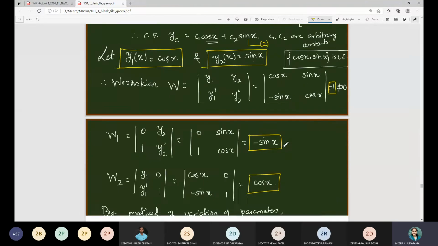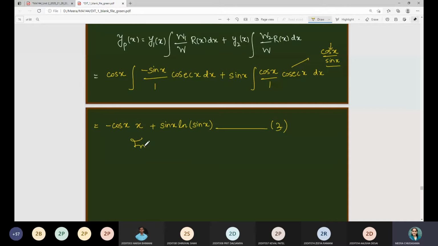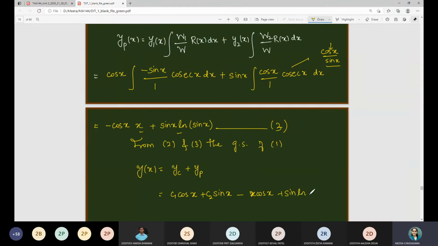So from 2 and 3, I can write the general solution. From 2 and 3, the general solution of 1, y of x is equal to yc plus yp, which is equal to: yc was c1 cos x plus c2 sin x, plus, sorry, now it is with a negative sign, so I will write minus x cos x, this term, plus sin x ln of sin x.